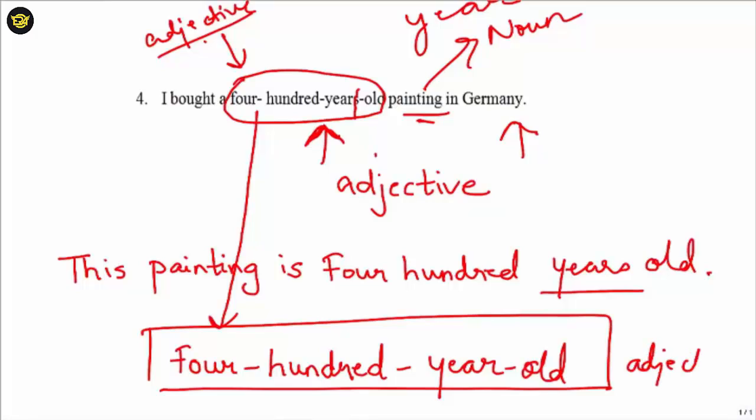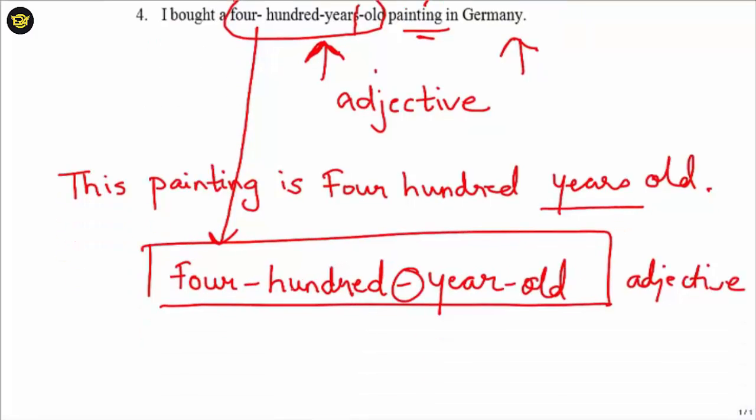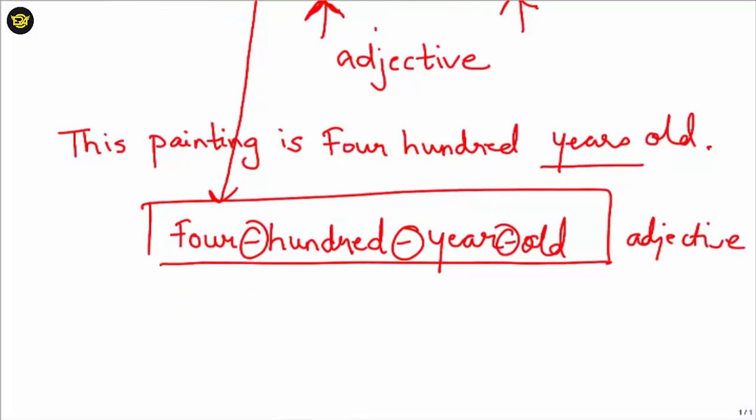It's a complete word. 400-year-old is a complete word. Therefore, usage of hyphens over here is guaranteed. You have to use hyphens over here to make an adjective out of these words. Put randomly together, they wouldn't make sense.